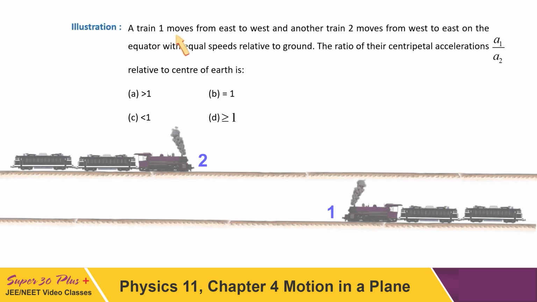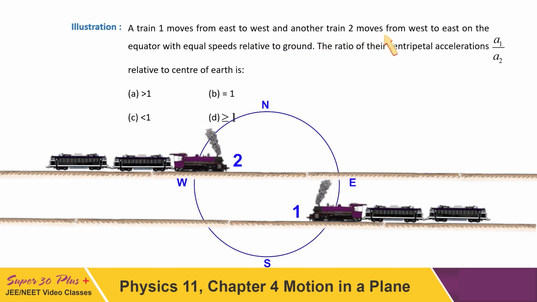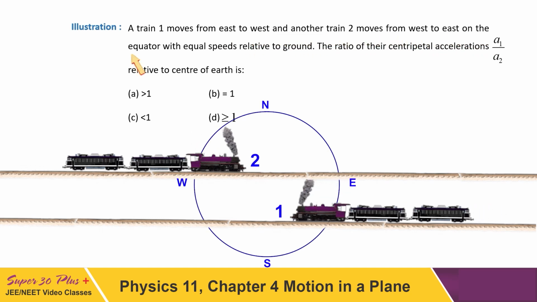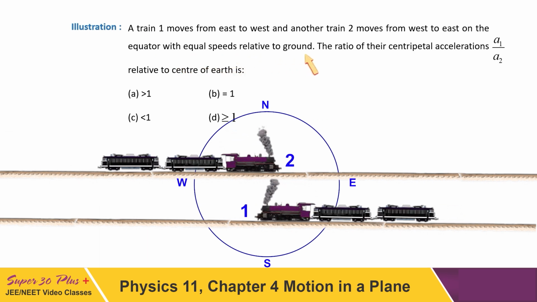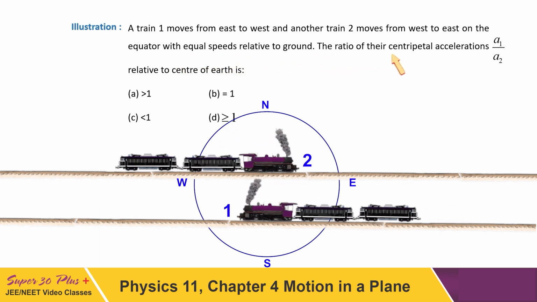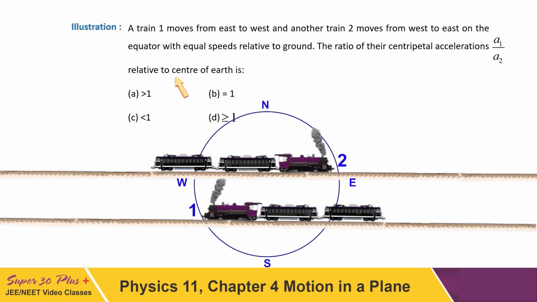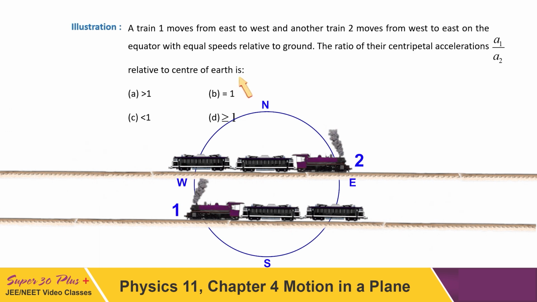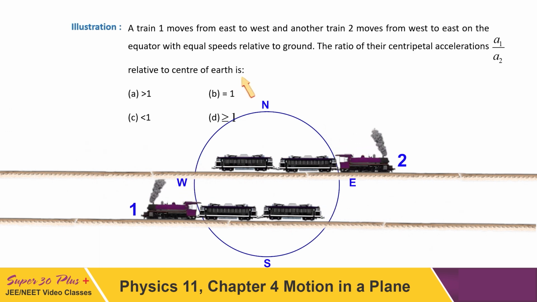A train 1 moves from east to west and another train 2 moves from west to east on the equator with equal speeds relative to the ground. The ratio of their centripetal accelerations A1 upon A2 relative to the center of earth is. See, here it is asking for relative to the center of earth.